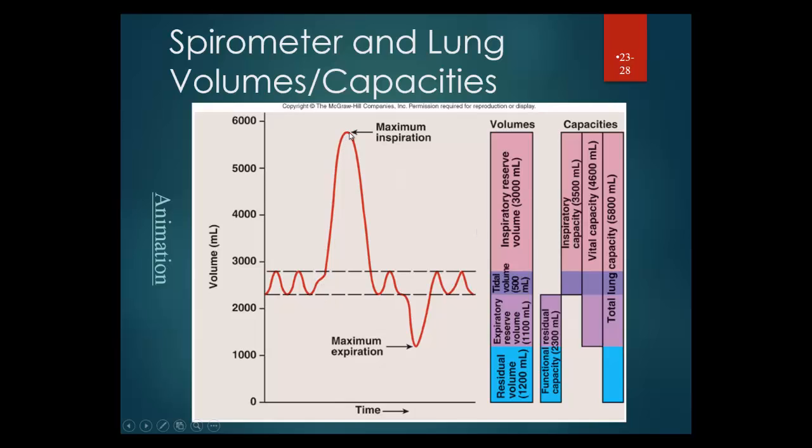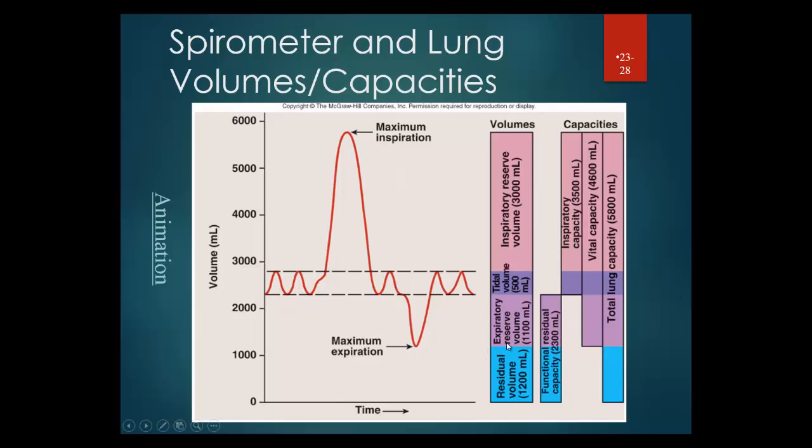And then if we look at the exhalation, after a normal exhale of 500 mils, how much more can be exhaled? For example, if you were suddenly laughing hysterically, or if you were coughing, those would be examples of maximum expirations. And if we look at that volume, that's a lot smaller. That's only about 1,200, or in this case 1,100 mils.